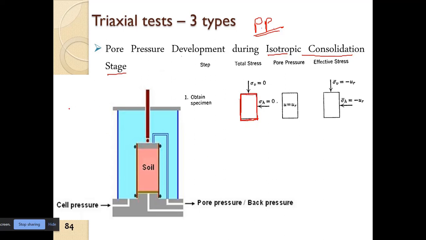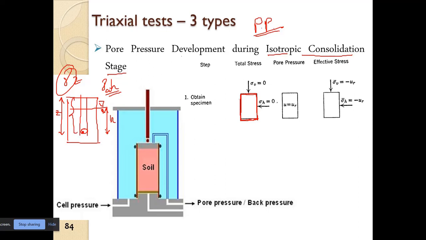Now we know that the sample was extracted from a particular depth, so it is at a depth Z, and the water table was at a particular depth H. When we extracted the sample, we had a pore water pressure already there, which is gamma W H, and a total stress which is gamma into Z. Gamma is the average bulk density of the entire soil above this sample.